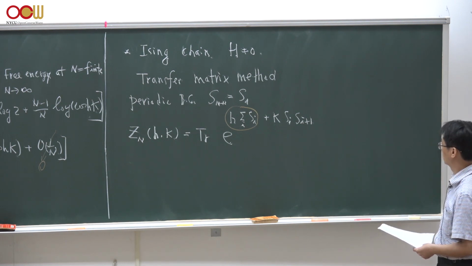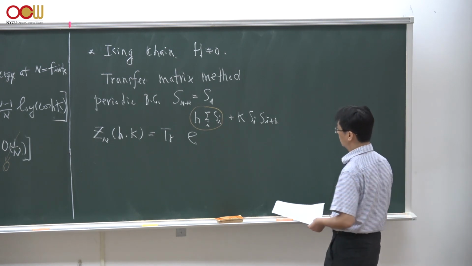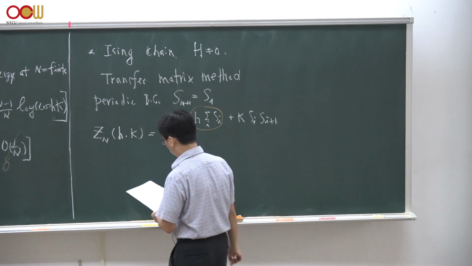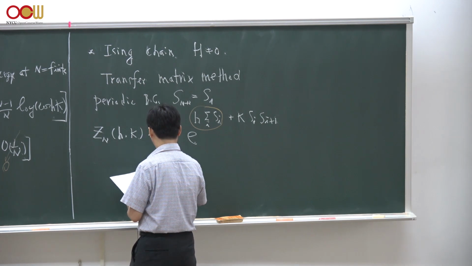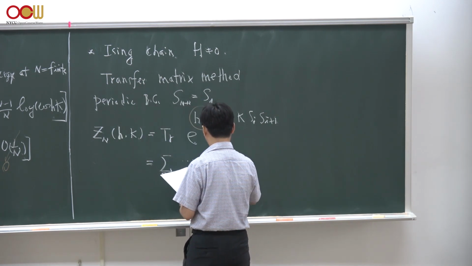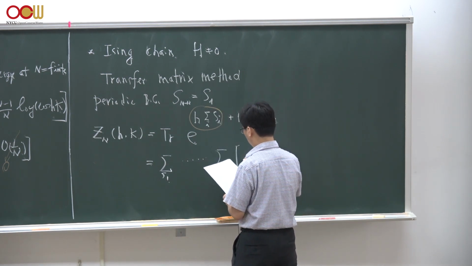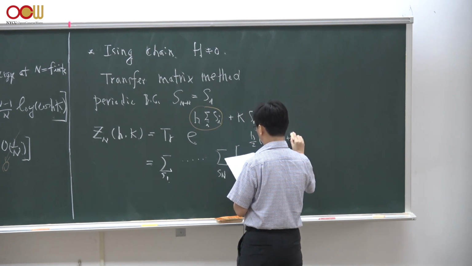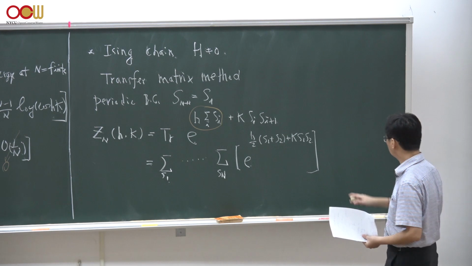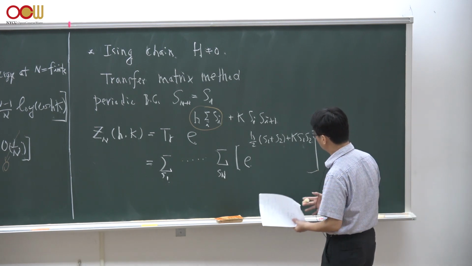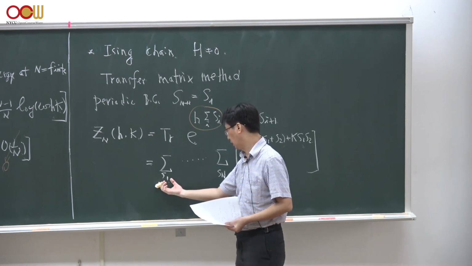But still, we could separate this product of summations over all the different individual spins in terms of a product of different spin summations. So we can single out the summation over individual spins and the Boltzmann weight associated with that summation. But since the spins are coupled nearest neighborly, we cannot simply single out the summation over a single spin, say S1.